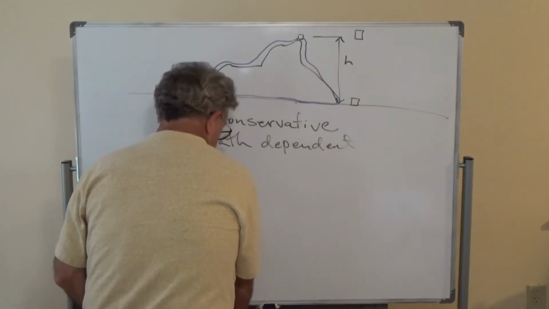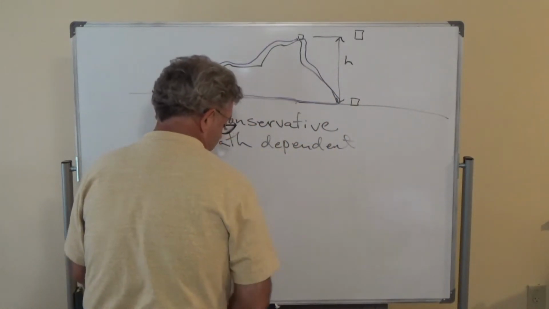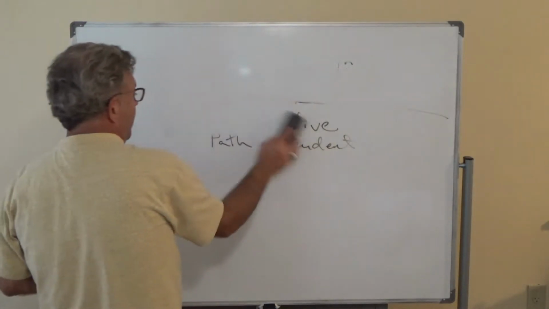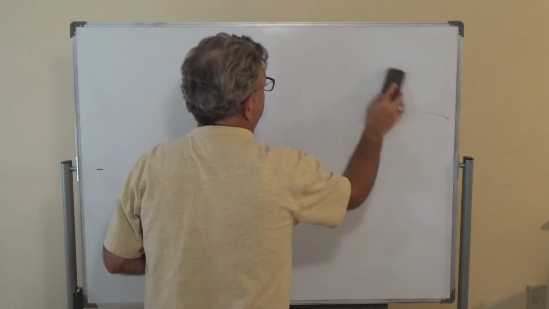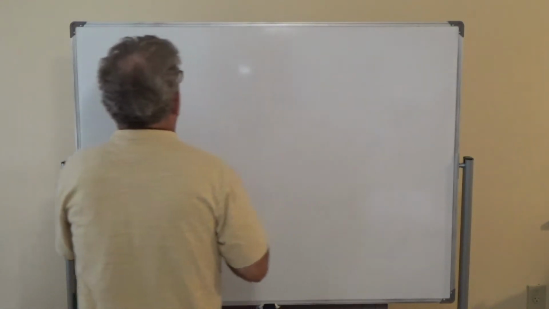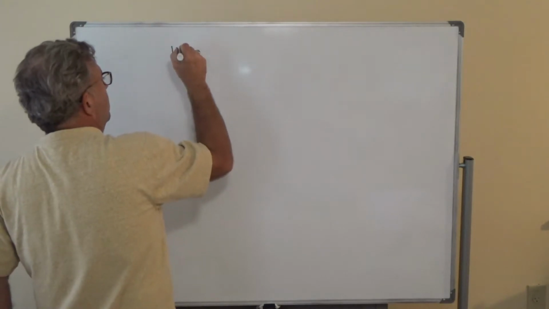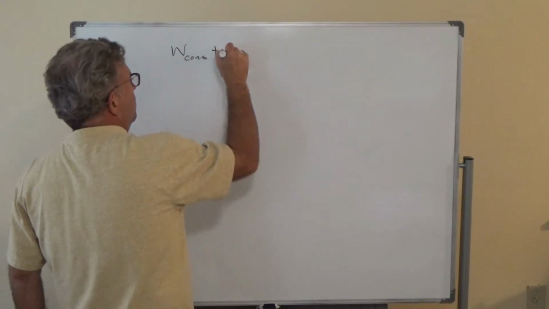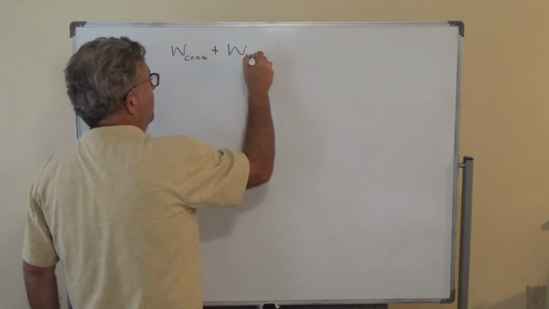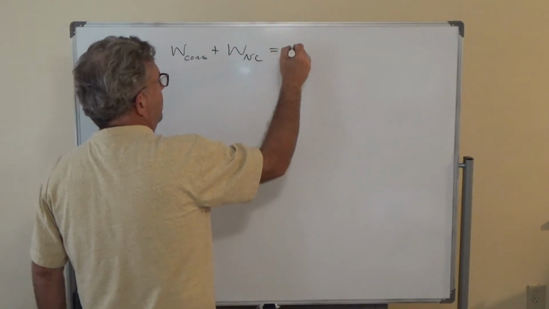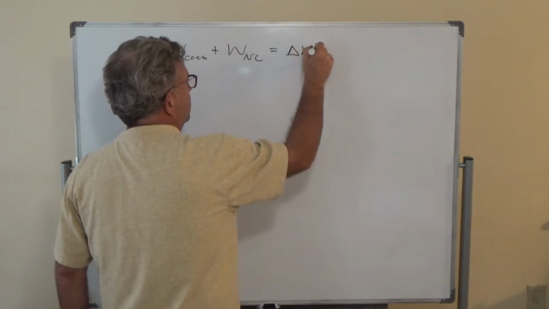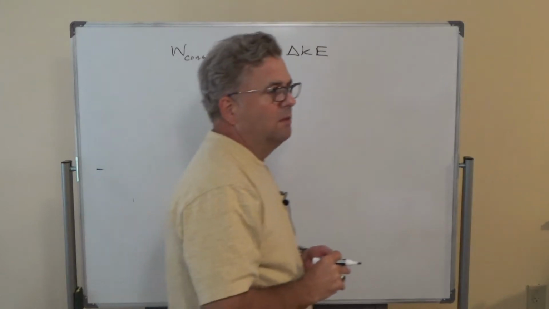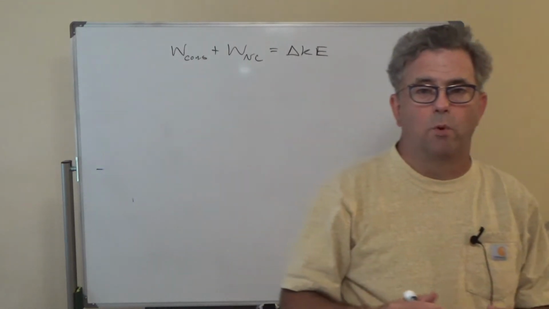So, in terms of work and kinetic energy, we look at the work done by conservative forces plus the work done by non-conservative forces, and that equals the change in kinetic energy. So maybe you have an applied force.